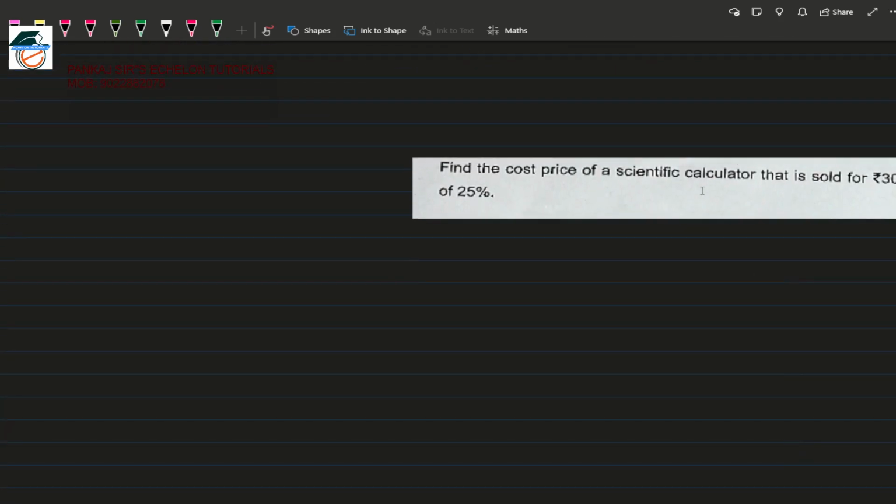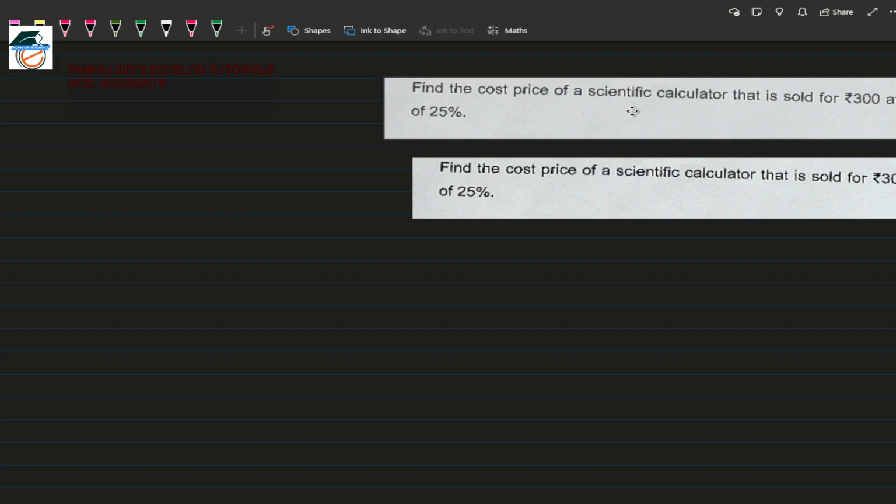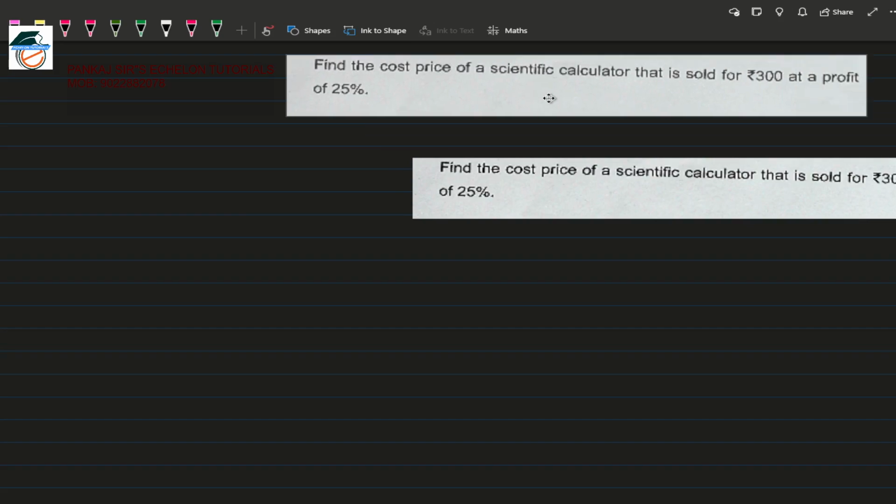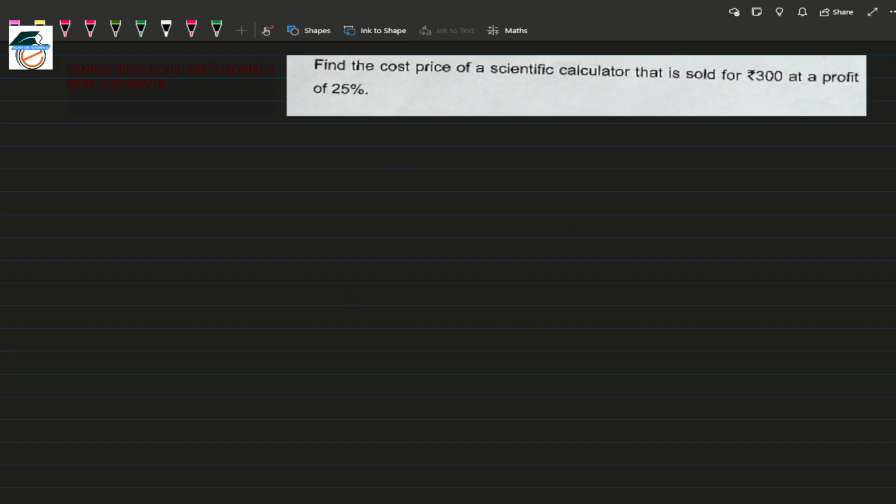This is the third question that we are going to do today. This question says: find the cost price of a scientific calculator that is sold for rupees 300. So I'll write question number 3.